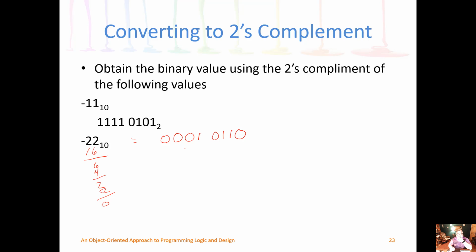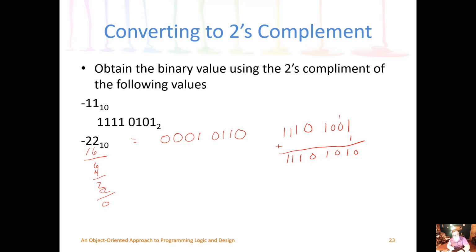So now I take all the zeros and make them 1s, and all the 1s zeros. So I get 1110 1001, and I add my 1 to it. I get 1 and 1 is 0. Carry the 1. And then everything is just the same.